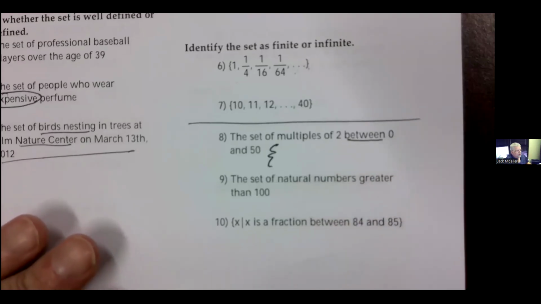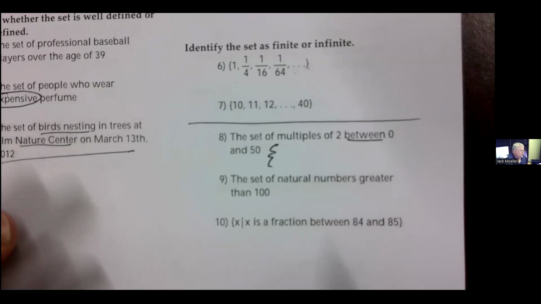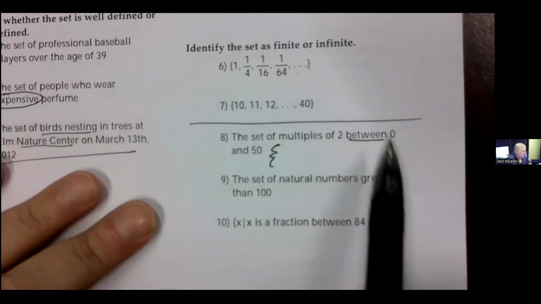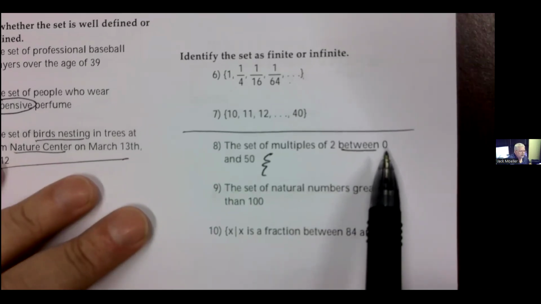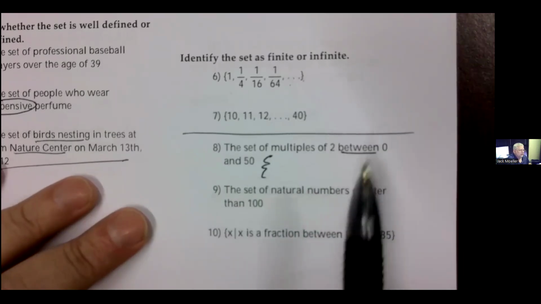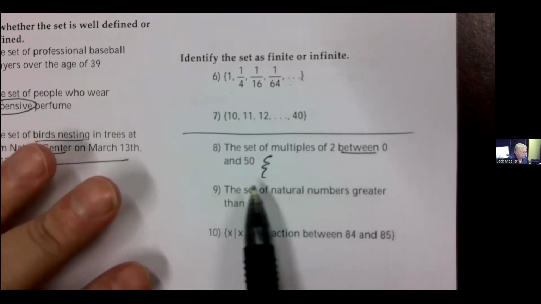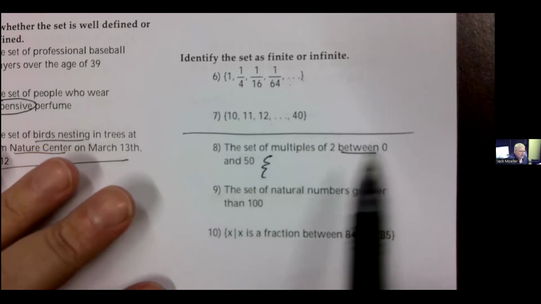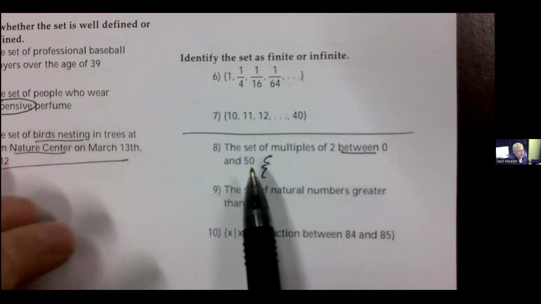Now, one of the things you have to be careful of, particularly in 2.1, when you're listing out your elements, be careful on the endpoints, especially if it's in sentence form. If we want to include 0, we'd have to say like between 0 and 50 inclusive, or including. And so since there is no inclusive or including language, 0 and 50 are not in this set.